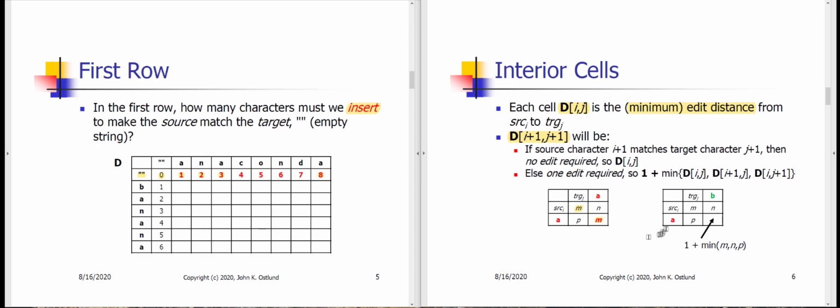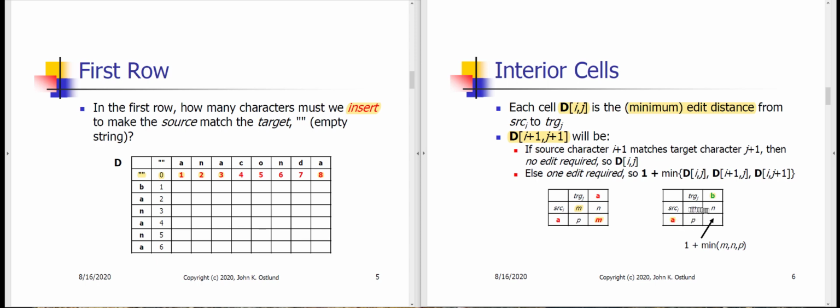On the other hand, let's suppose that these two characters here are not the same. In order to modify the source to match the target up to that next position, D sub i plus 1, j plus 1, let's think about this.